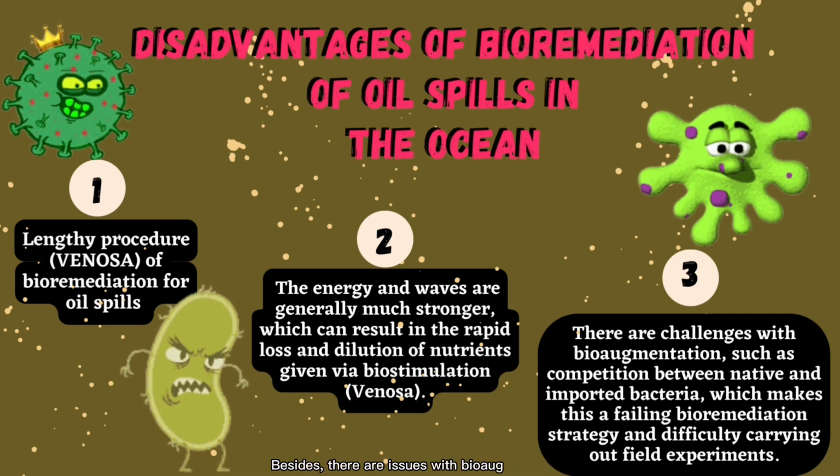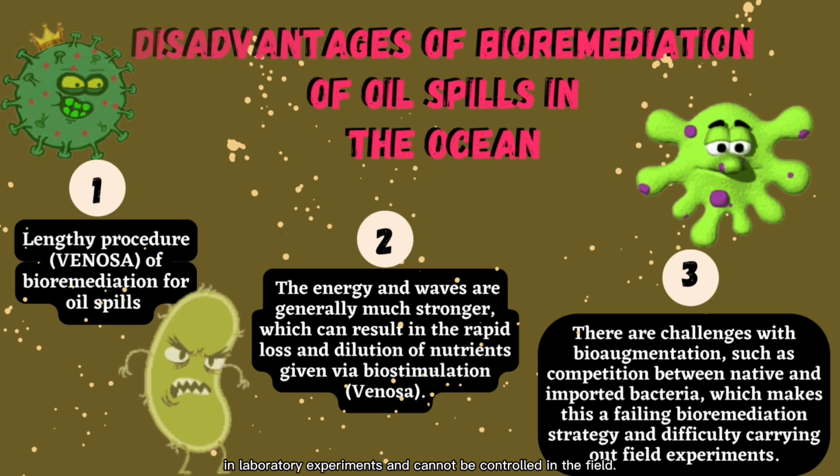Besides, there are issues with bioaugmentation, including the competition that develops between native and imported bacteria, making this a failed technique of bioremediation. Another problem of bioremediation is the difficulty of conducting field experiments. This is owing to the numerous factors and conditions that can only be controlled in laboratory experiments and cannot be controlled in the field.